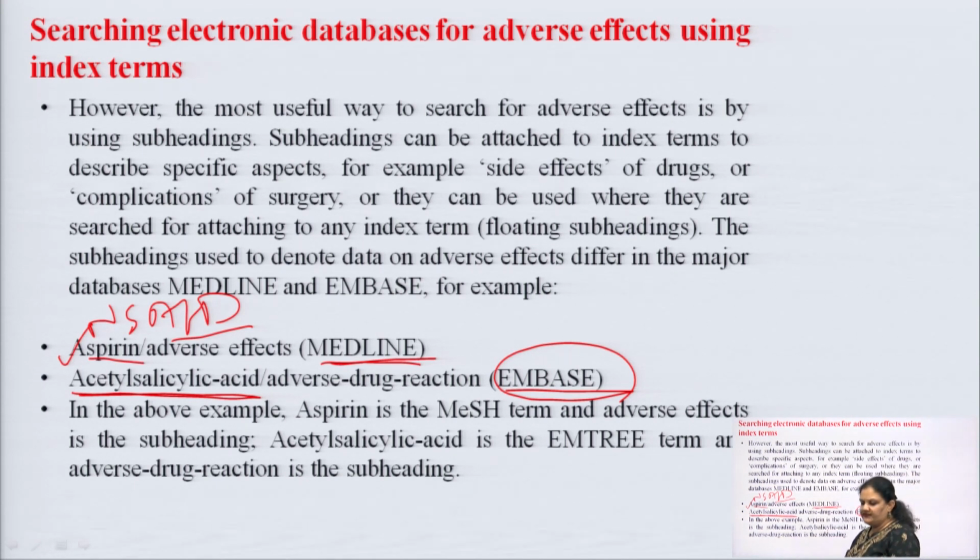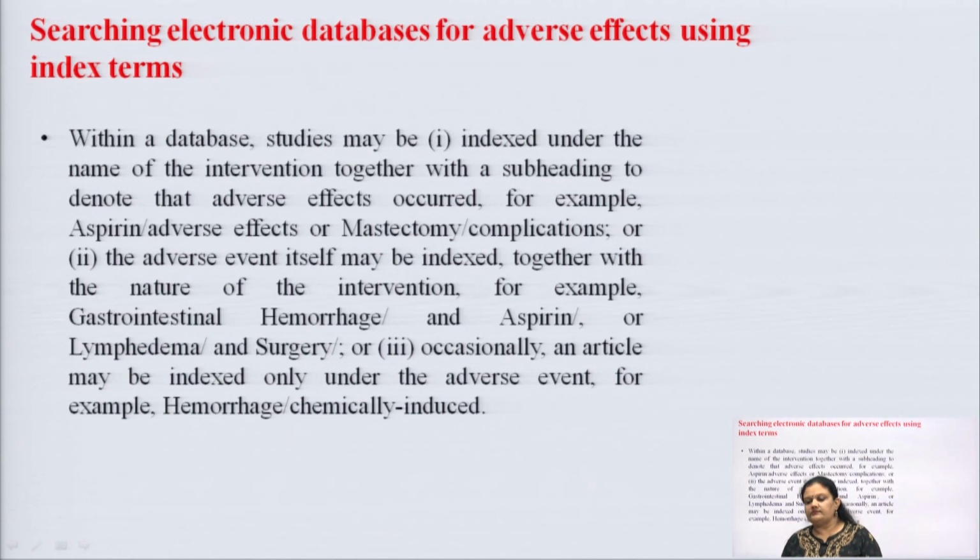In Medical Subject Headings terminology, aspirin is written along with the ADR as subheading, while in Emtree terminology acetylsalicylic acid is written along with adverse drug reaction or ADR as subheading.